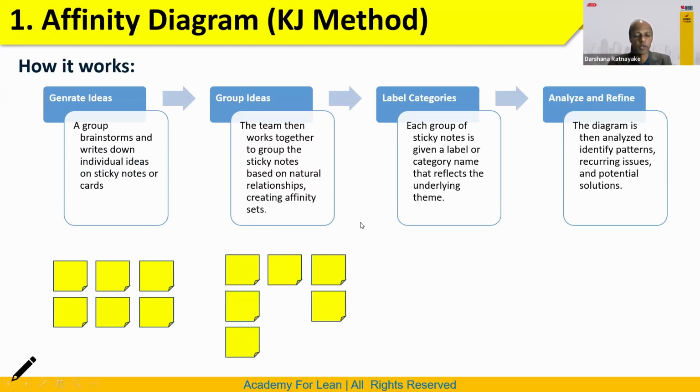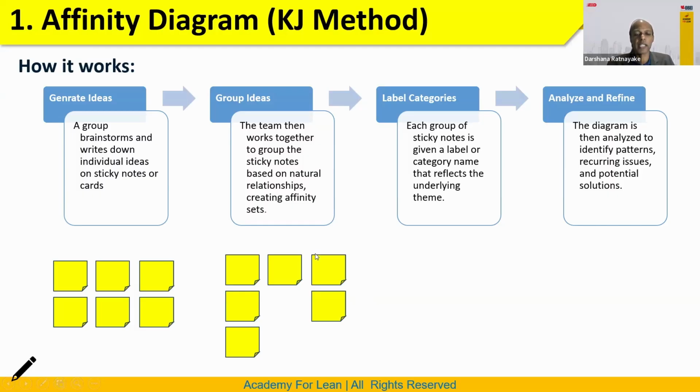For example, this 6 we place together because someone discussed camera quality, so we take everything about camera quality into one group. Another similarity is the zooming options, so we take the zooming part into one category.